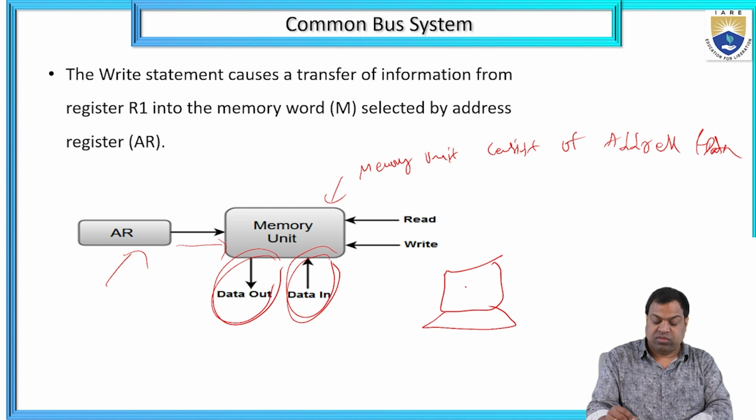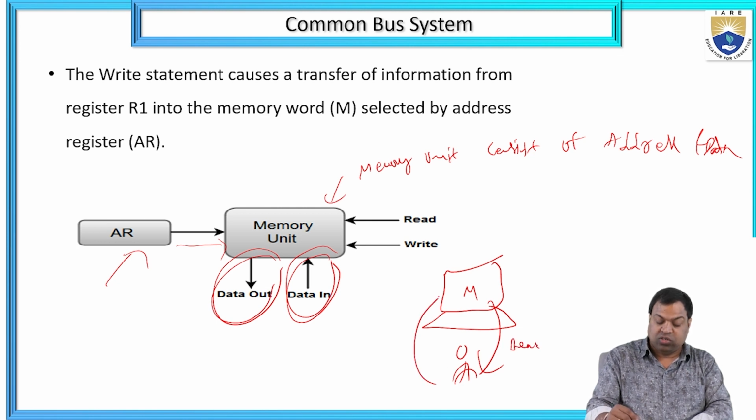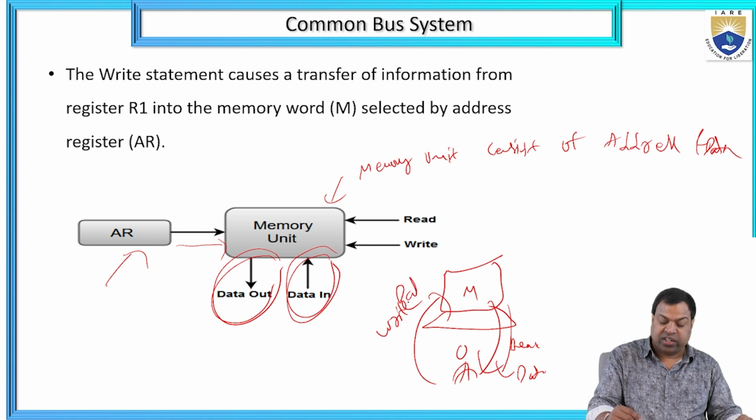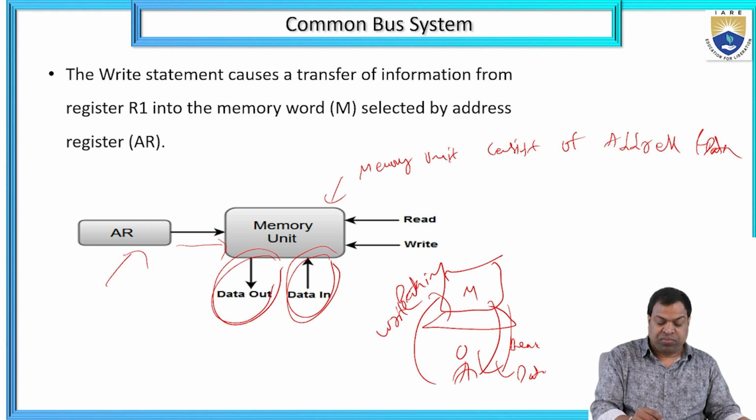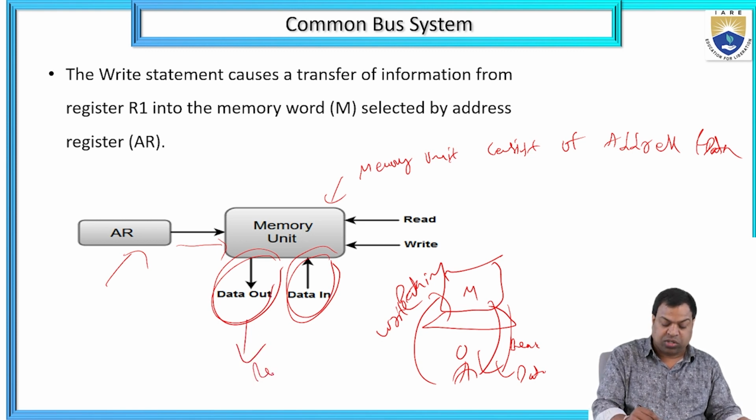Memory to user is a read operation, and user to memory is a write operation. So it is called data out and data in. The user entering data to the system is data in, that is a write operation. The user getting data from the memory is data out, that is a read operation.